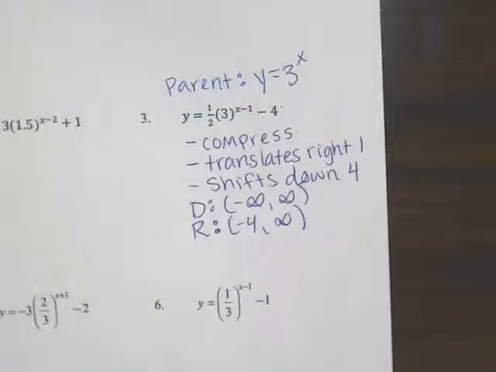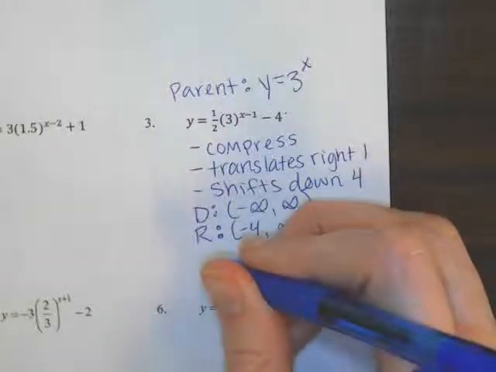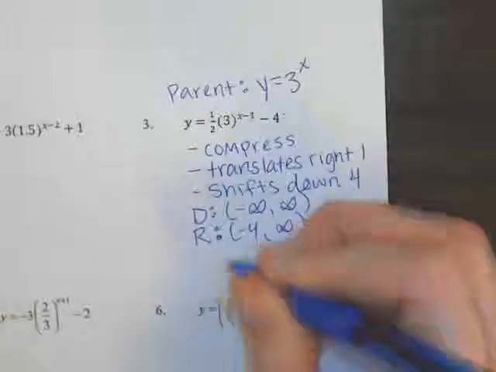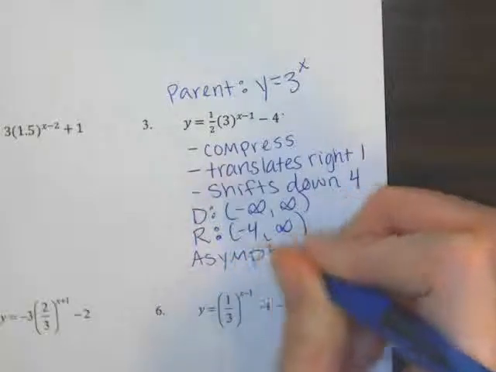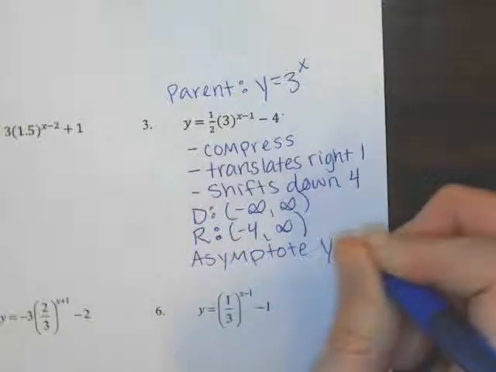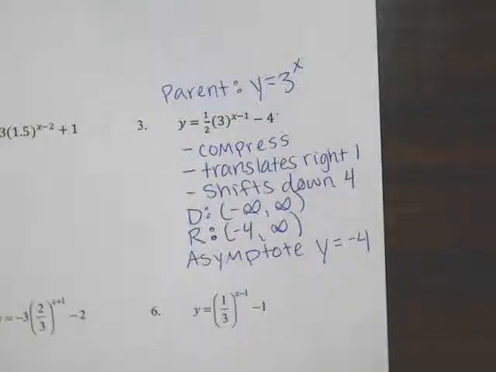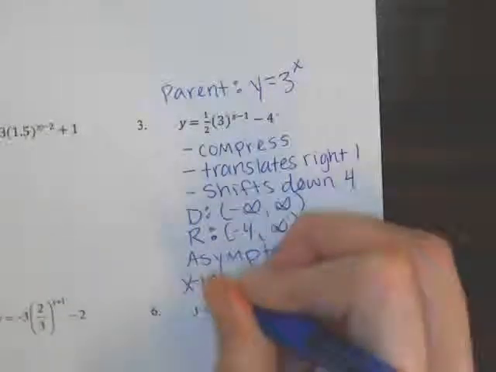Okay, the last thing, asymptote. What did we say the asymptote was? It was what y value? What were you approaching? -4. Did you have an x-intercept? Look at your graph. Did it have an x-intercept?